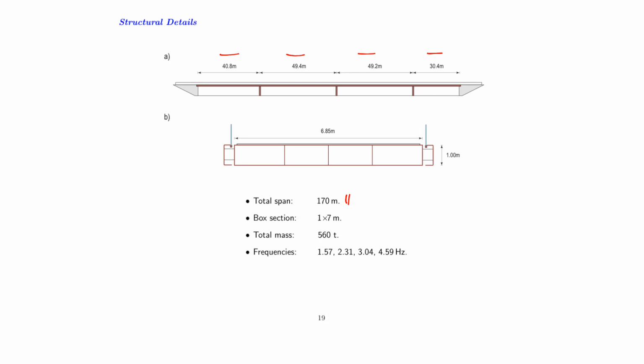And you can see it's approximately 1 meter in height, 7 meters in width, and around 560 tons. And these are the 4 frequencies below the 5 Hz critical limit proposed by standards for pedestrian structures.